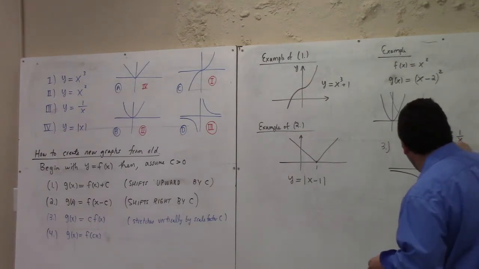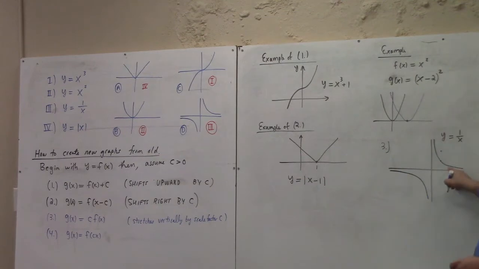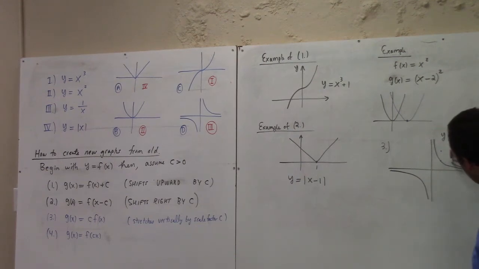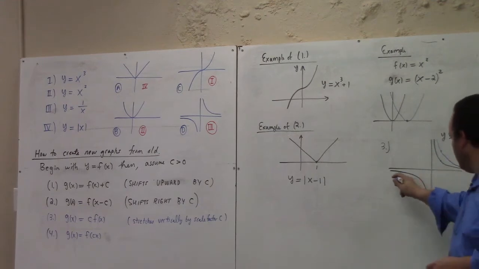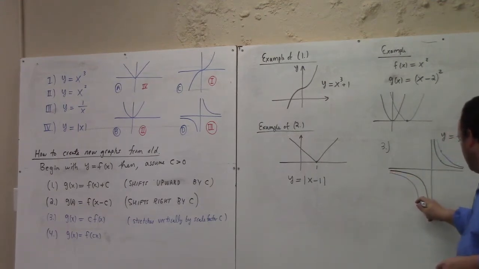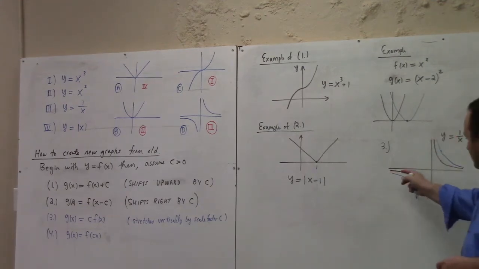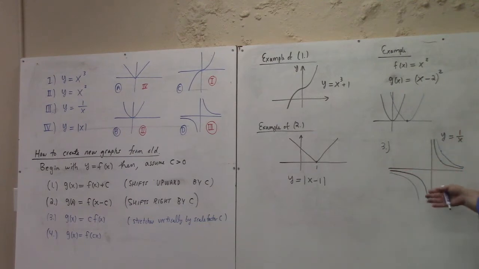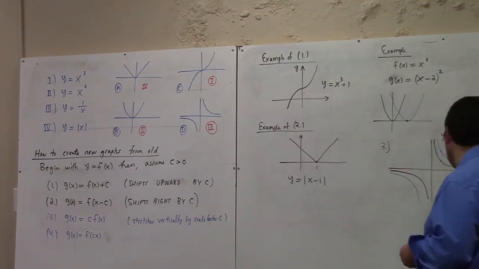So it's like up here. If we're out at 2, we're at a half. Y equals 2 over x is at 1. So it's basically just, I'm not doing it justice. It's twice as far away everywhere.